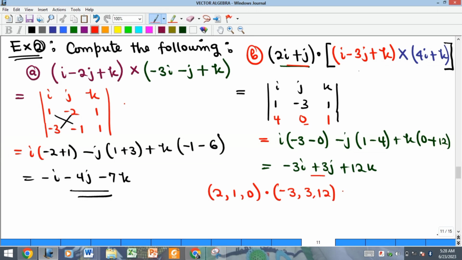So in now bringing out this dot product, 2 times minus 3 will give us minus 6, then plus 1 times 3 will give us 3, plus 0 times 12 will give us 0. So our final answer for this is actually negative 3. And so you can see we took the cross product first before taking the dot product. And of course, like I said earlier, the dot product is a scalar product, so it's going to give you a number, and that's why we have minus 3.